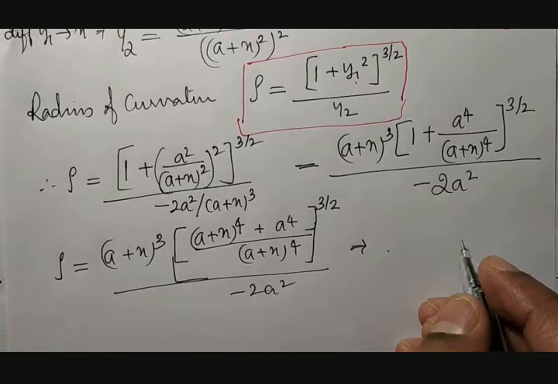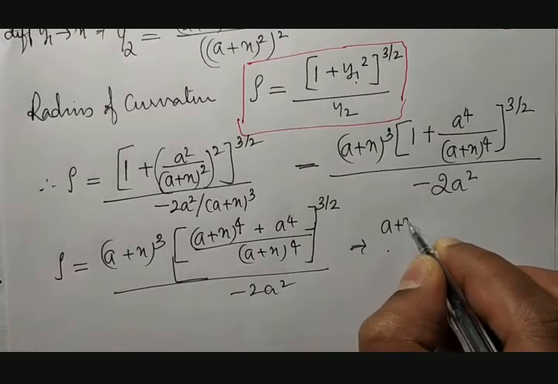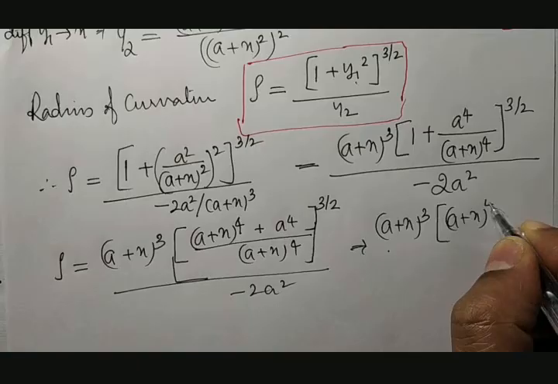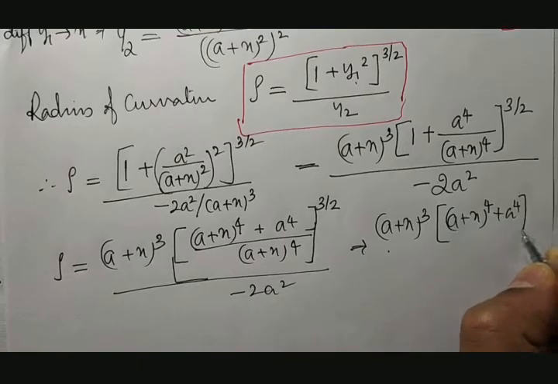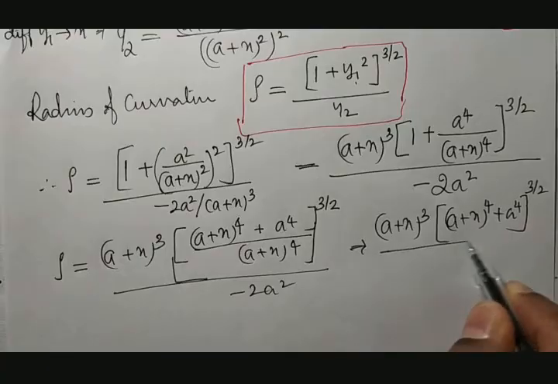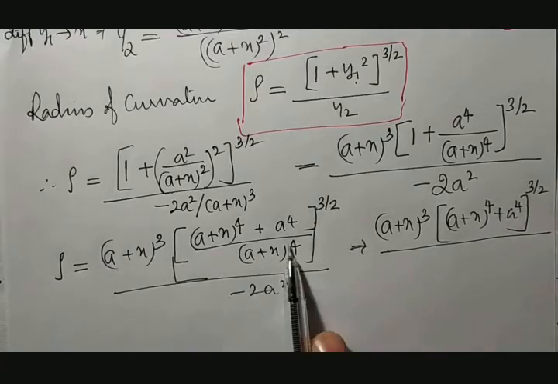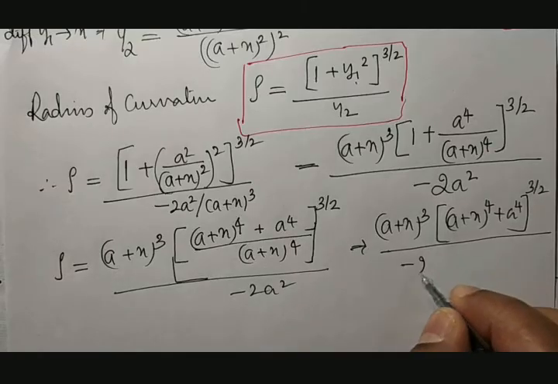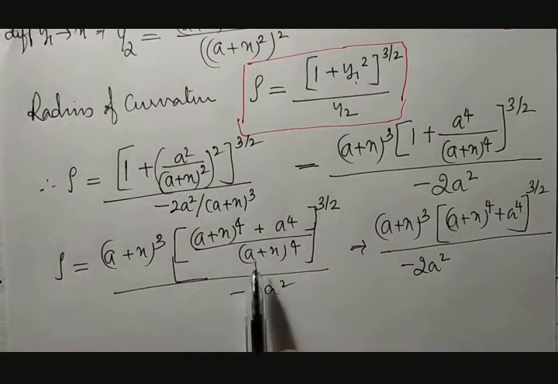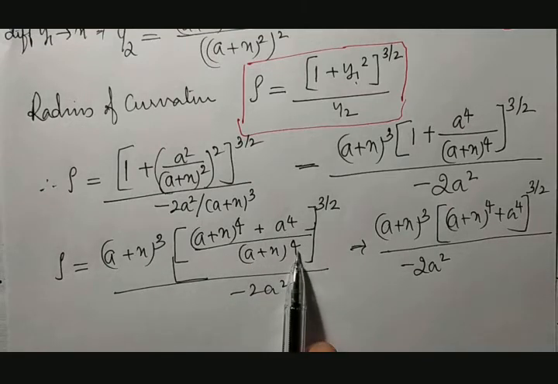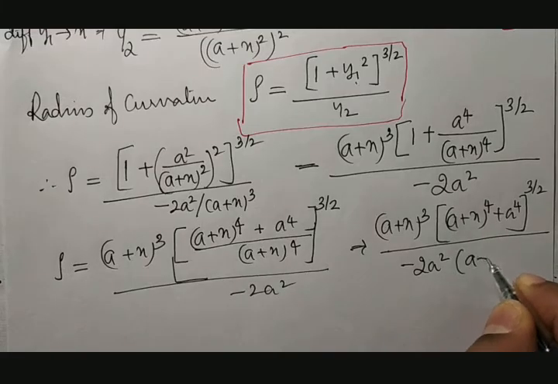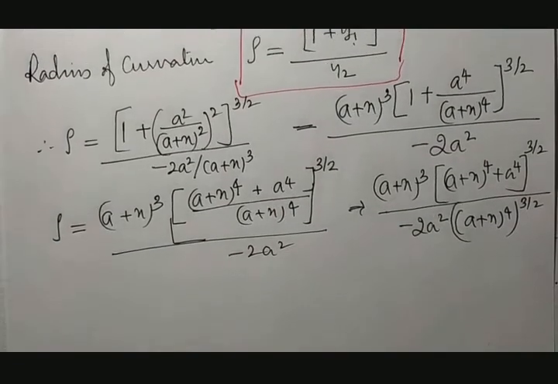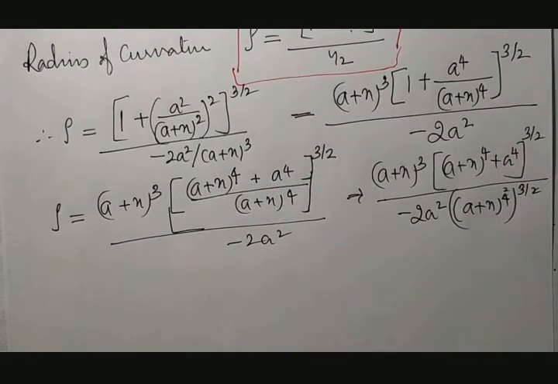Therefore, it can be taken as a plus x whole cube into a plus x raised to 4 plus a raised to 4, that raised to 3 by 2, divided by, I'll be taking this separate. Fine. Then minus 2a square as it is. Then this we can see a plus x raised to 4, that raised to 3 by 2. Fine. 2 into 3, 6.